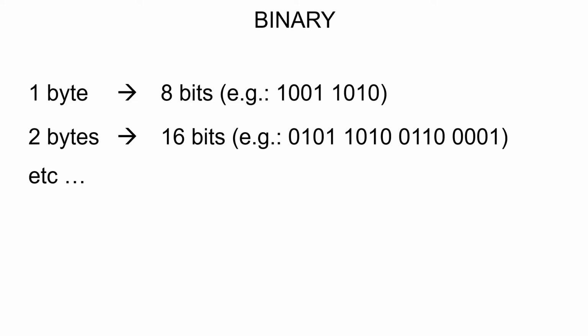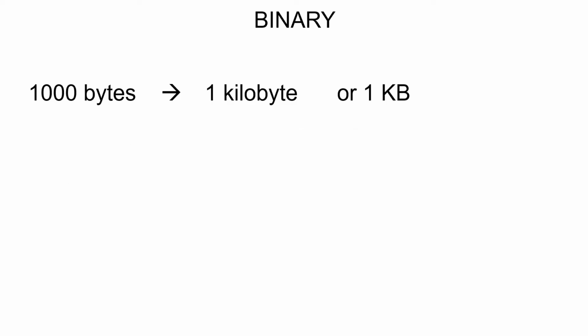So to avoid this, 1000 bytes are called 1 kilobyte, in the same way that when we're dealing with distance, once you hit 1000 meters, you say 1 kilometer instead of 1000 meters and 2000 meters. In like manner, 1000 bytes is 1 kilobyte.